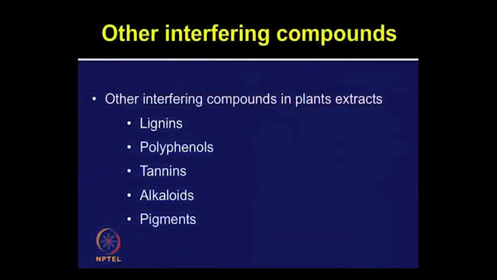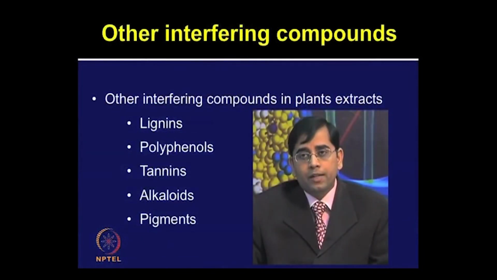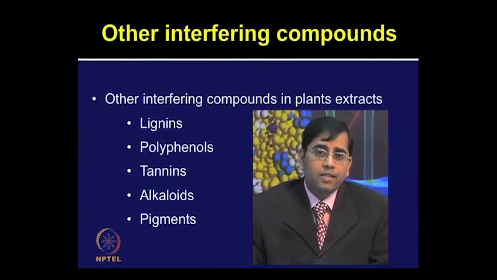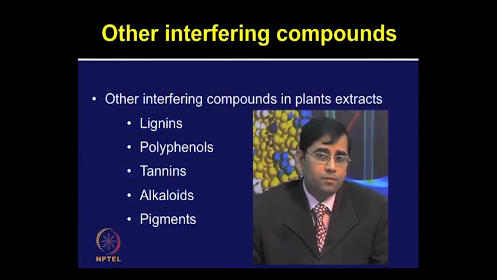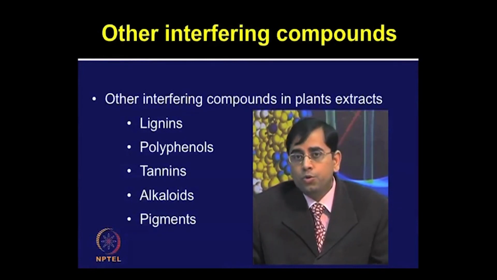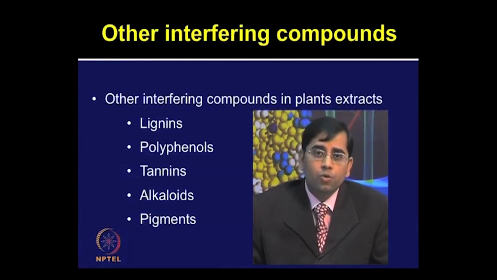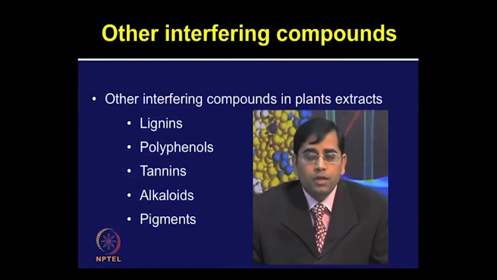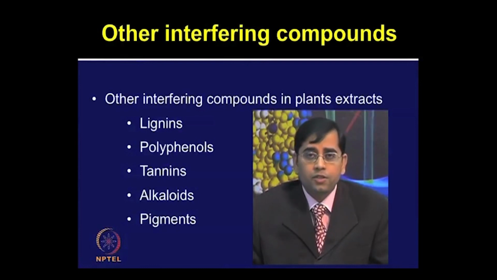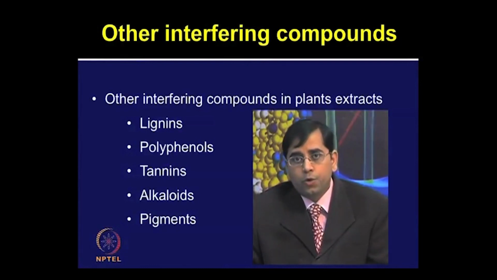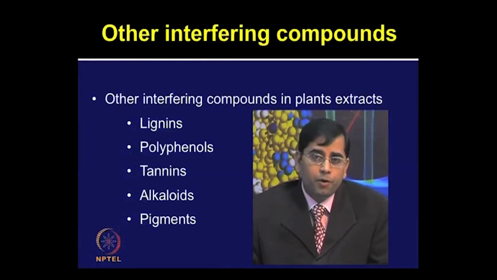So, we have talked about different types of interfering components. In the last bit, I will just say that this is not the end of the list. There are many other interfering compounds present, and depending upon your unique biological sample, you may encounter more and more interfering compounds, and you may have to come up with new creative ways of removing those interferences, so that your proteomic study can be performed with very high quality.